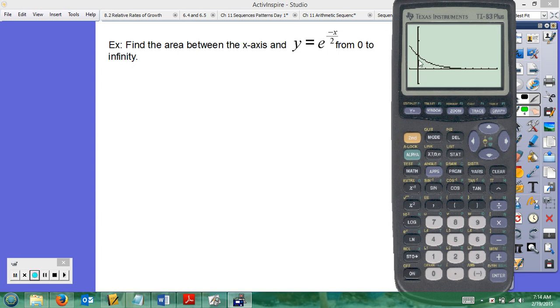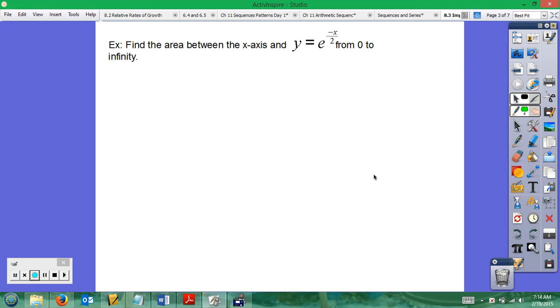What we're looking at is this area where the pointer is, all the way out to infinity. Again, you might think that this goes on to infinity, that I'm always adding area, so this must not exist. Well, let's carry it out.